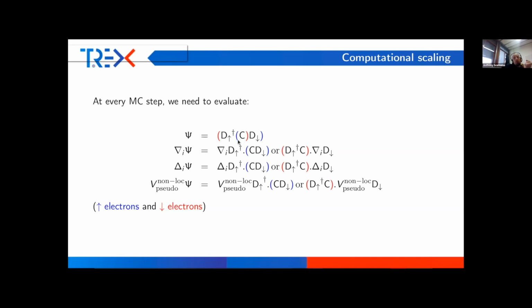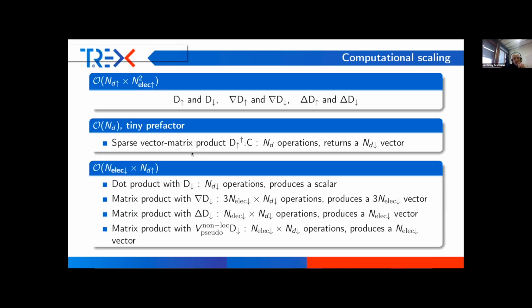But here, once you have contracted C and D together, then these operations, gradient, Laplacian, and pseudo-potential, they don't depend on the total number of Slater determinants, but they only depend on the number of upspin and downspin determinants. So this is what I try to represent here.